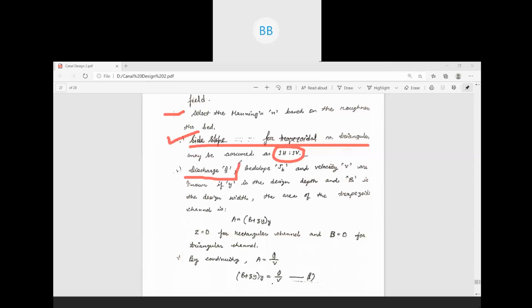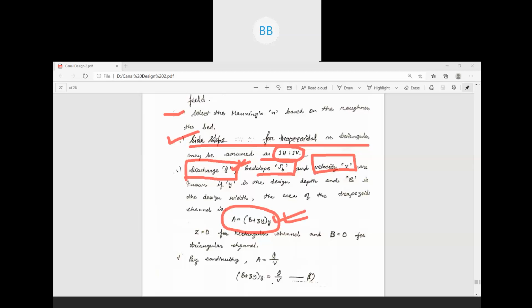For the particular discharge, the discharge is already known. Bed slope we have to fix depending on the topography of the channel. Then we have to find the velocity, and then take the area equation, similar to the previous numericals you have solved.